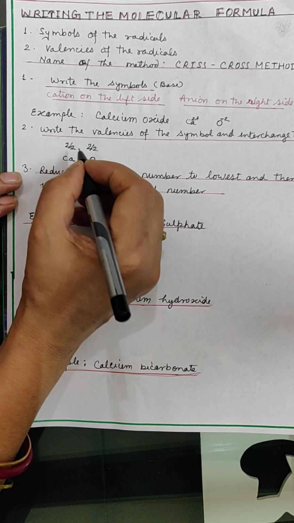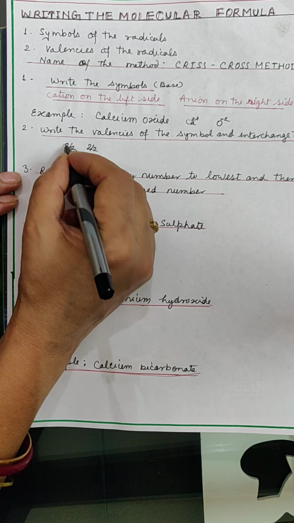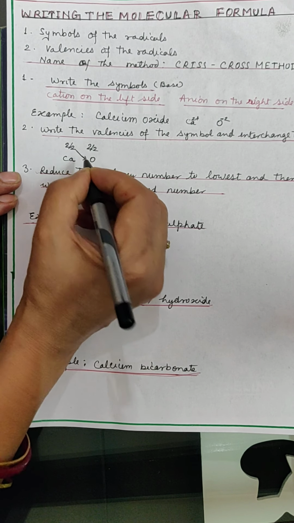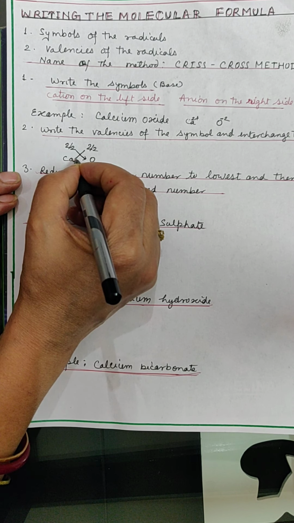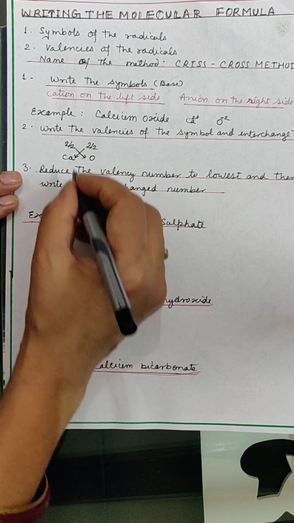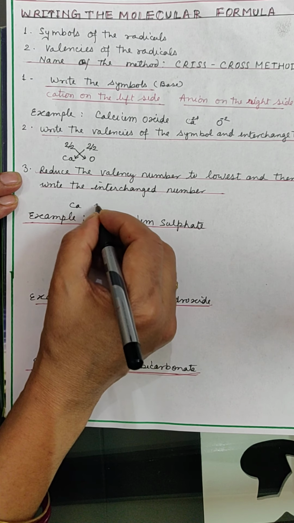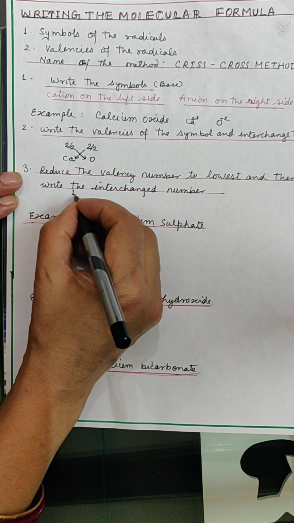And after dividing by 2, the valencies are to be interchanged. The cation's valency will go to the anion and the anion's valency will go to the cation. After dividing by 2, the valency has become 1 and 1. It means calcium and oxide both have valency 1 and 1 in the simplest ratio, rather than 2 and 2.